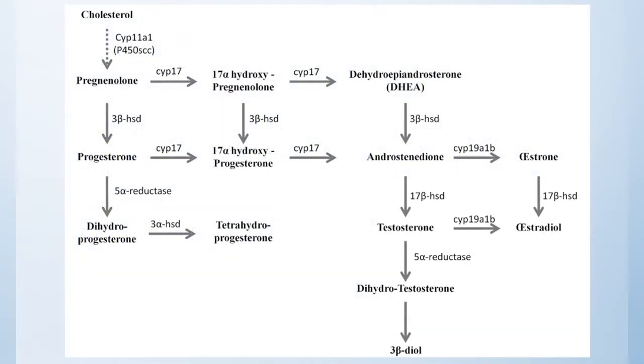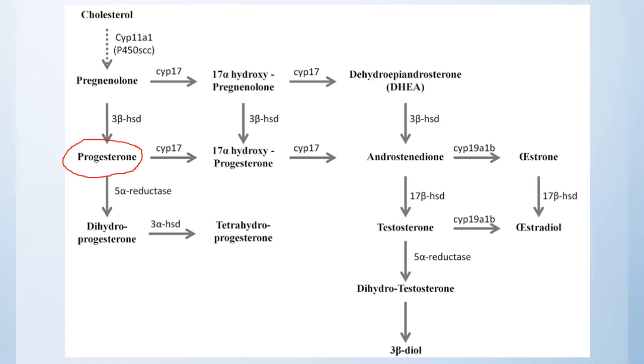Right, so let's talk about how the hormones are produced. I'm going to show you this pathway multiple times because the pathway is the same for all sex hormones. The first one that you see is progesterone.